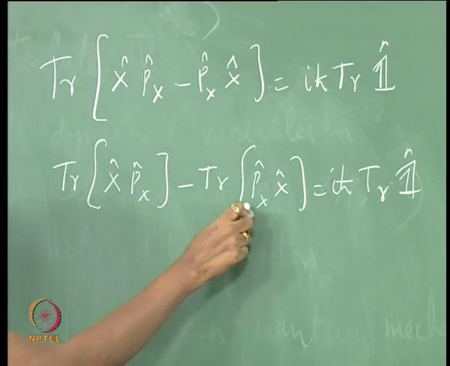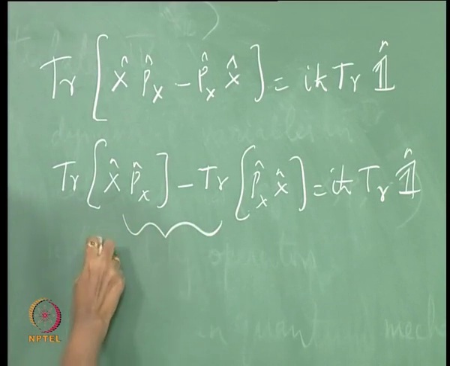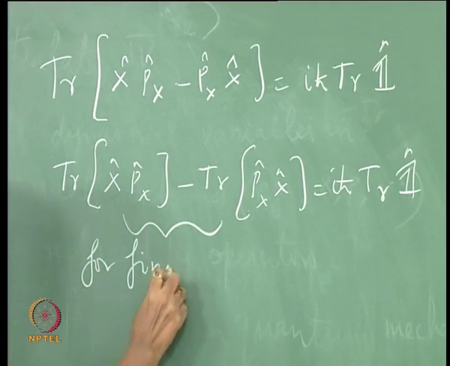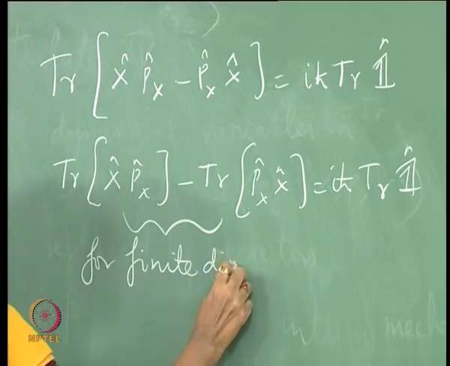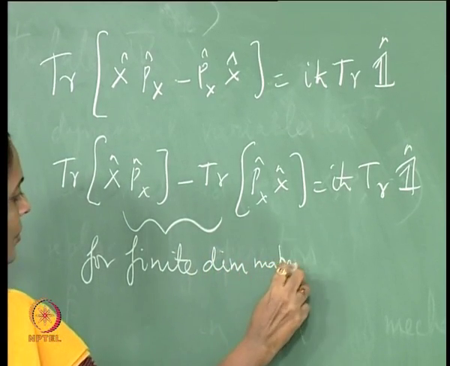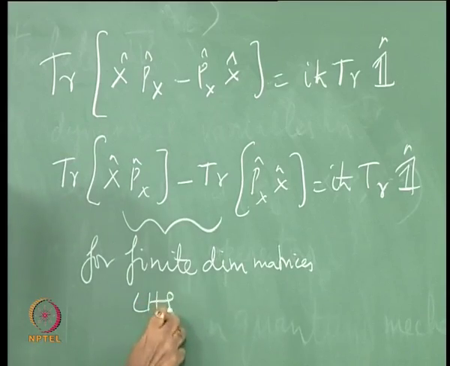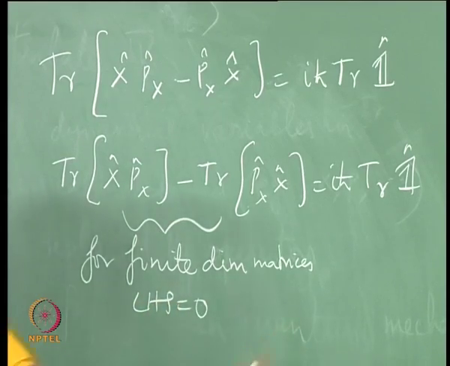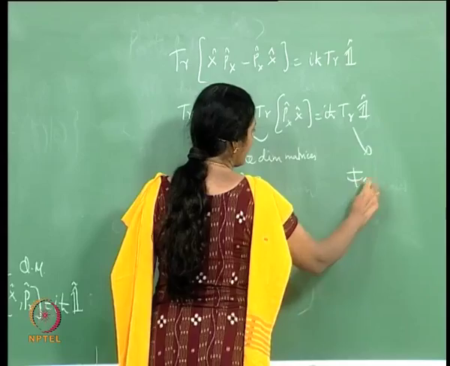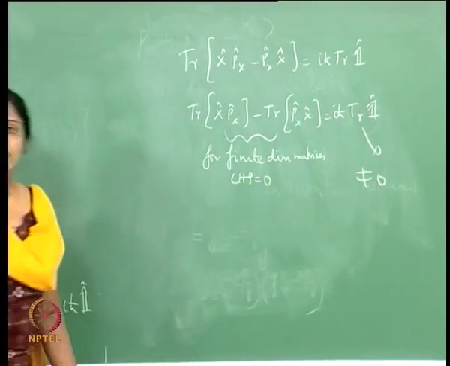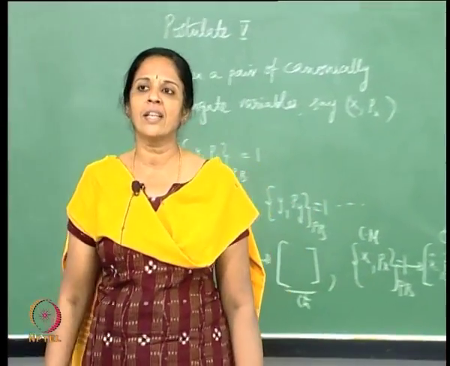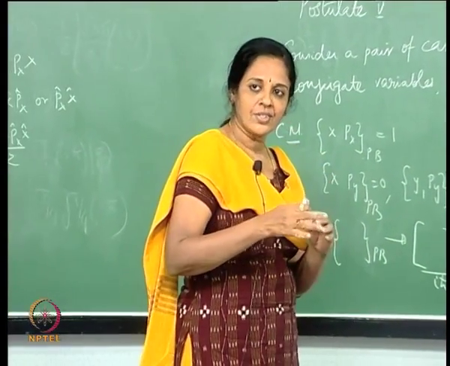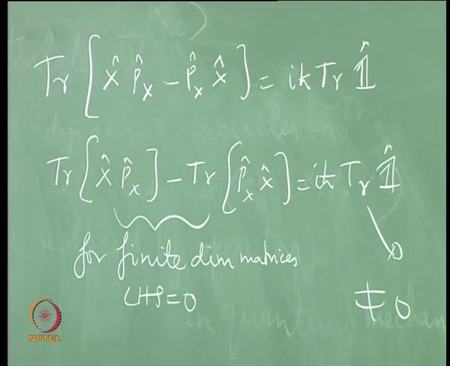And since trace is invariant under cyclic permutation, for finite dimensional matrices, the left hand side is 0, but the right hand side is definitely non-zero, because the trace is the sum of the diagonal elements, and the diagonal elements are 1 each. So when you add up, that is non-zero.